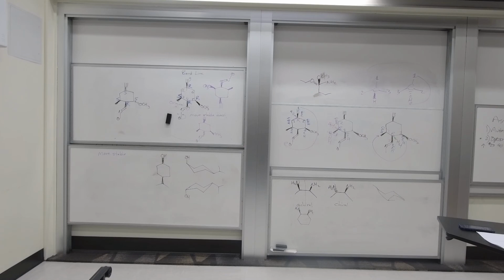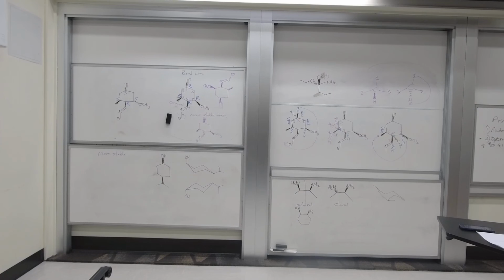Likewise, let's say I gave you a big, long, acyclic molecule that had 8 chiral centers in it. And then I drew it in a completely different orientation, conformation, looking at it from a different way, and you wanted to know if it was the same enantiomer or a diastereomer.